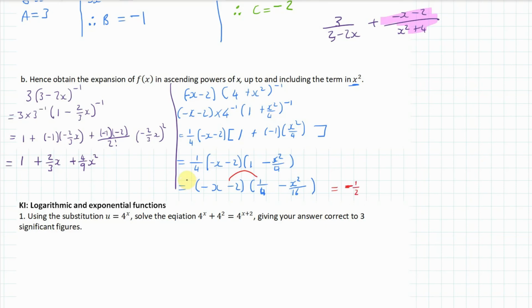And then the next one will be this one, sorry, -x over 4, won't it?